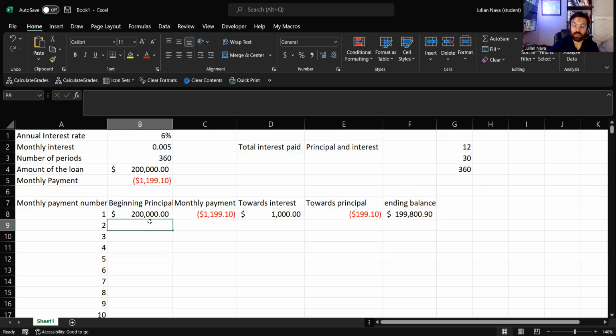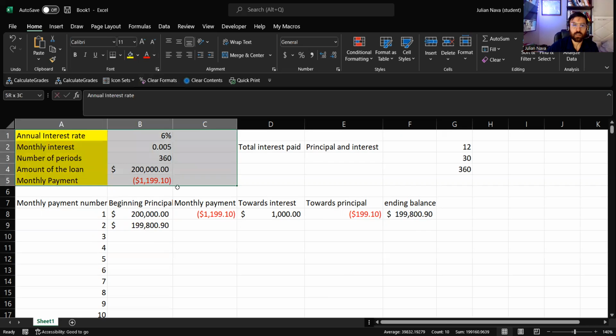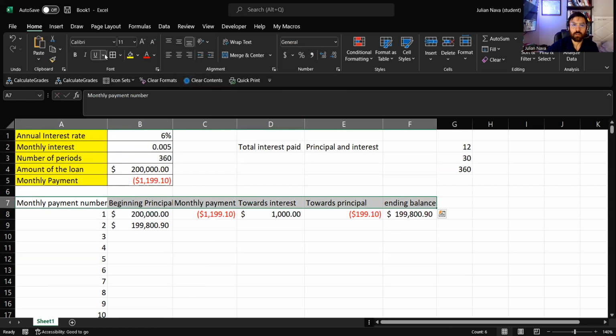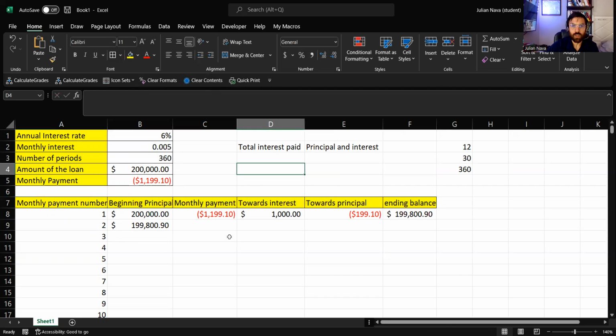It gets more interesting. Just to highlight the data. Make it pretty. Monthly. All right. Drag this down.